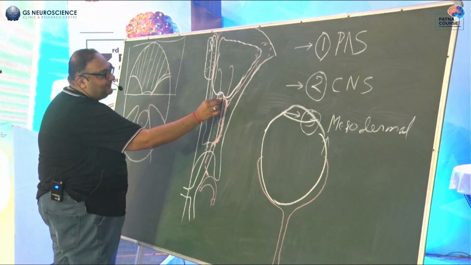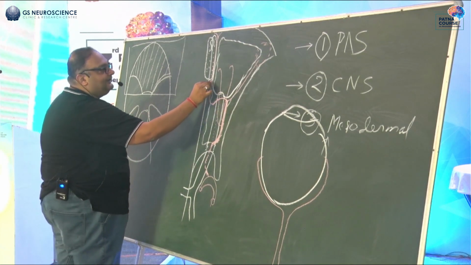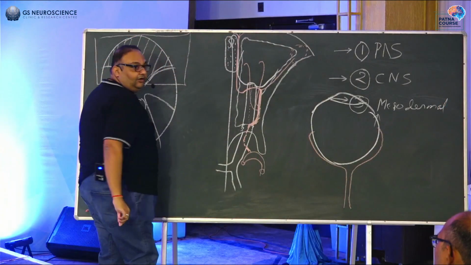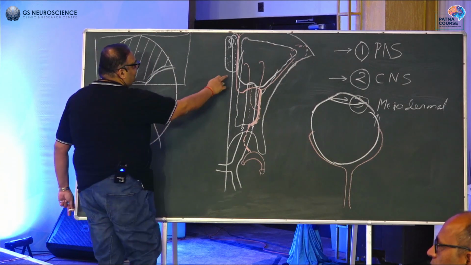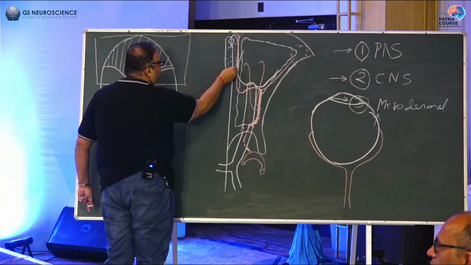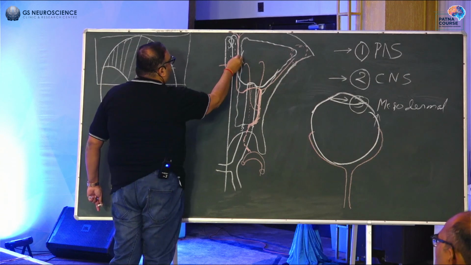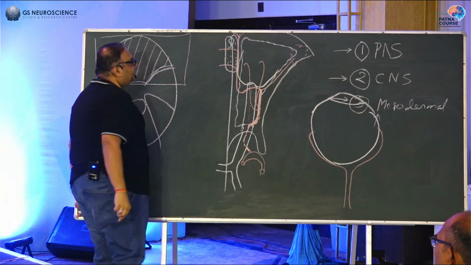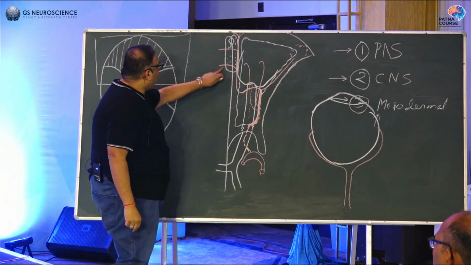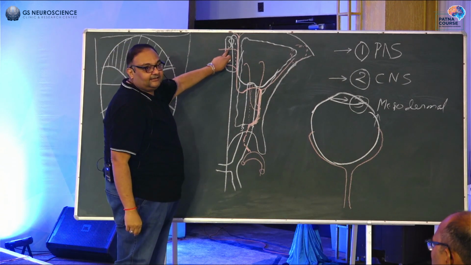As this branch, which is going medially along the roof of the orbit, the moment it reaches the cribriform plate, it will give 2 branches, which will go through the cribriform plate. These will be the posterior ethmoidal arteries and the anterior ethmoidal arteries.